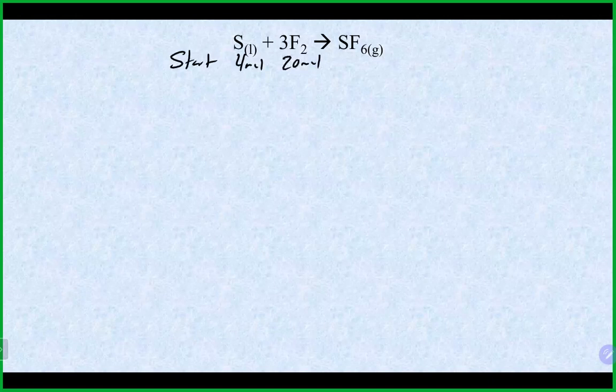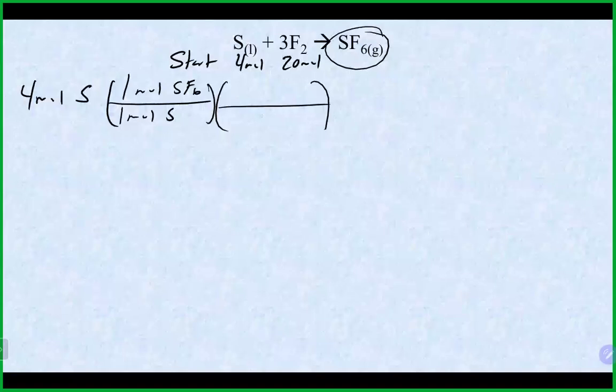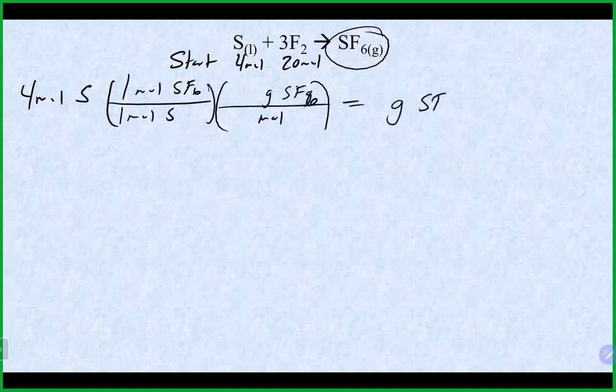You do one calculation starting with your sulfur. So you would take the 4 moles of sulfur, do the mole to mole relationship between sulfur and your product, and then use the molar mass of your product to get to the grams of SF6.